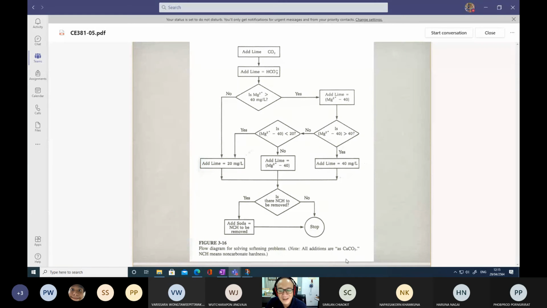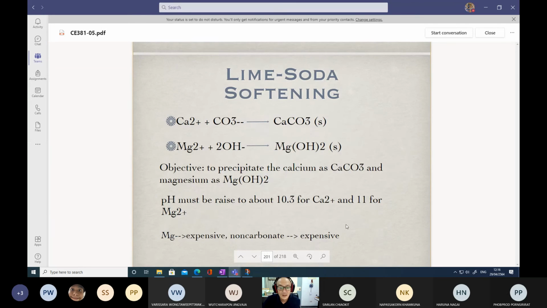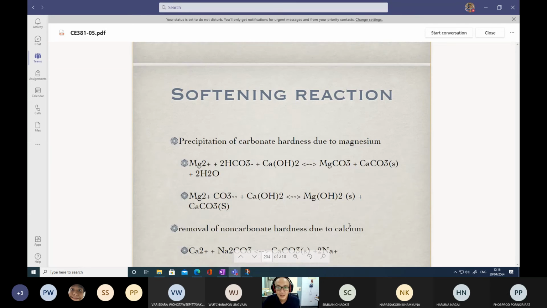So at the end, we just check whether there is non-carbonate hardness to be removed. If we have to remove the non-carbonate hardness, we will add soda equal to the amount of non-carbonate hardness to be removed.